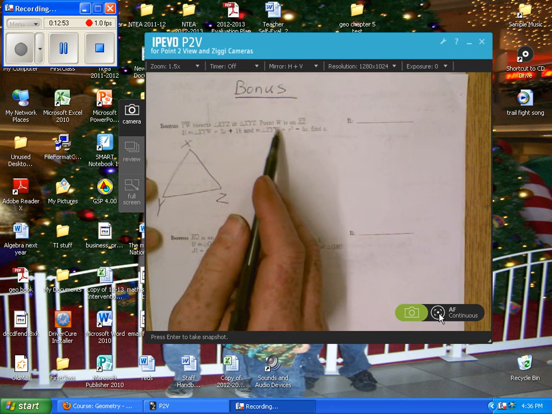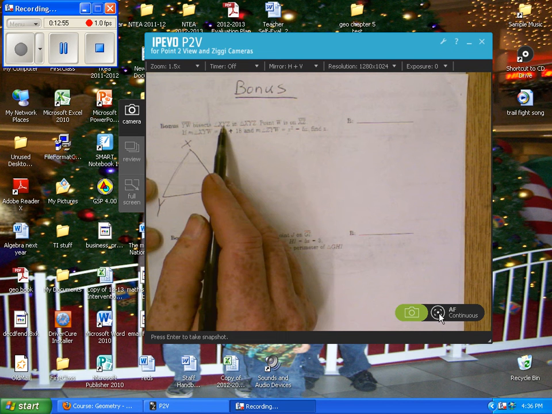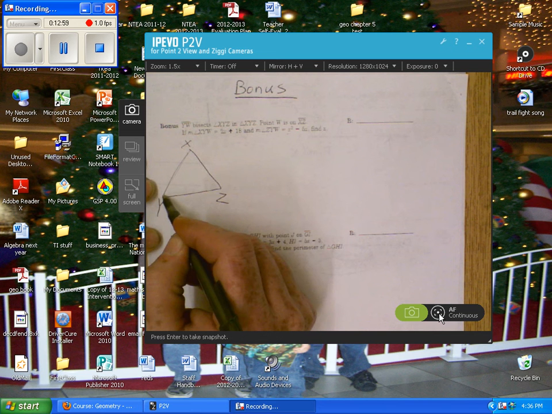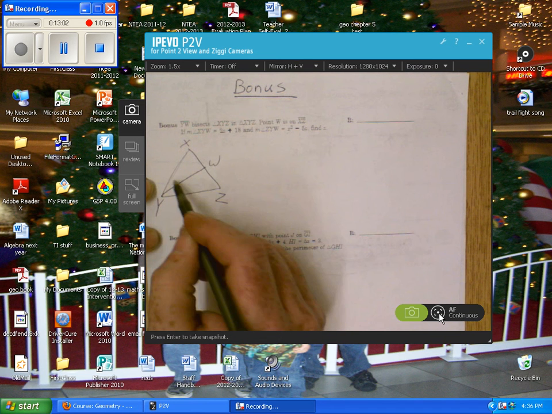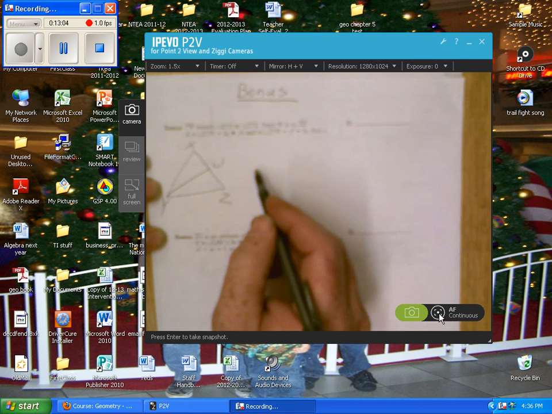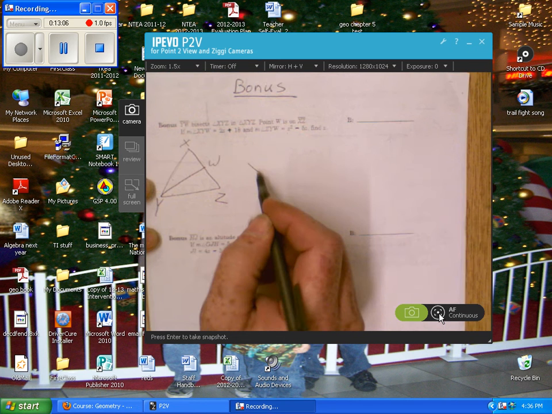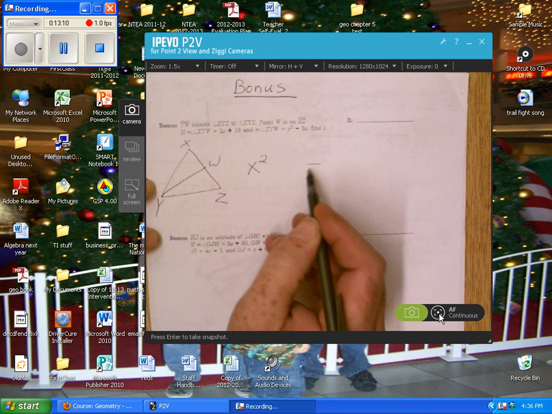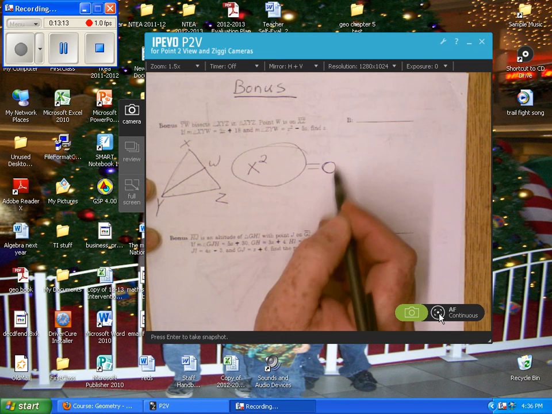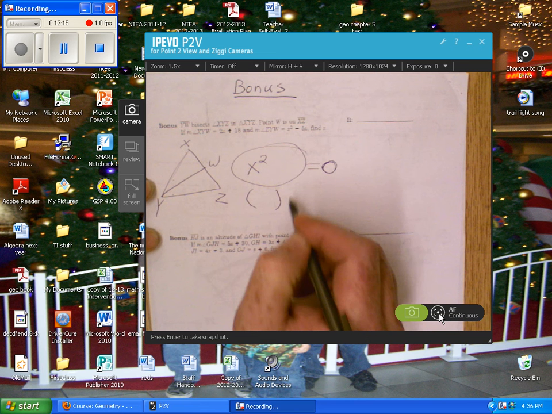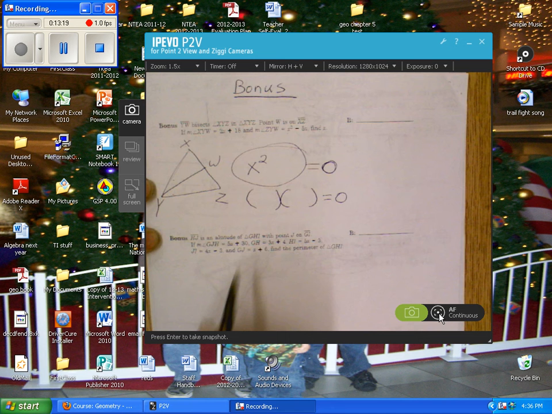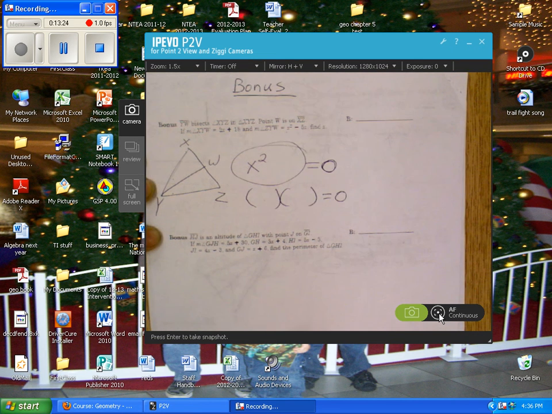If YW bisects an angle like that, set up your equation, and it's going to have an x squared in it. Well, what you're going to have to do is get everything on one side, 0 on the other side, and then factor. Set up your two parentheses, factor, set equal to 0, then solve for x.